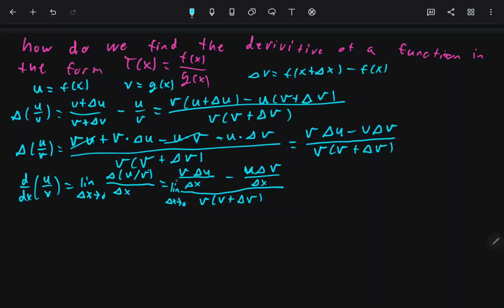Well, let's once again use some of our limit rules. So this is really the same thing as v times the limit as change in x approaches 0 of change in u over change in x. Apparently, I can't draw a triangle for the life of me.